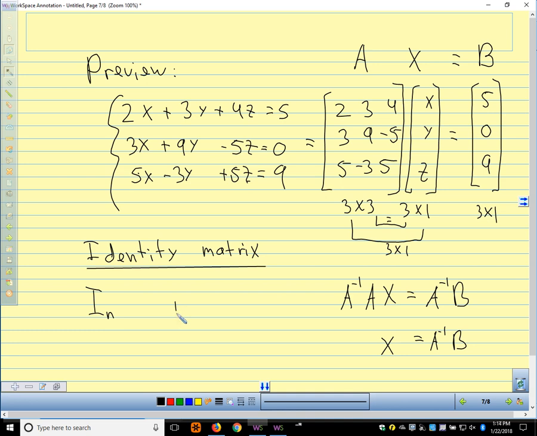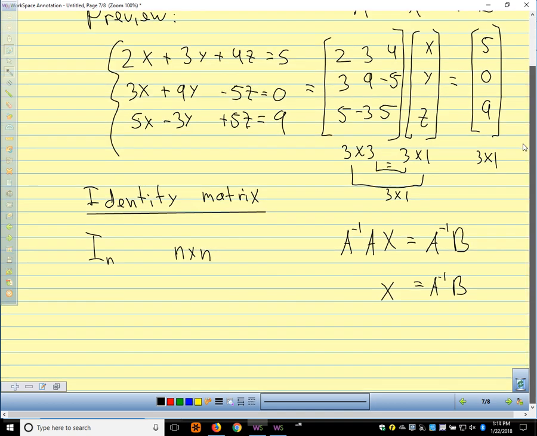It's a square matrix, n by n. It has ones on the diagonal and zeros everywhere else.